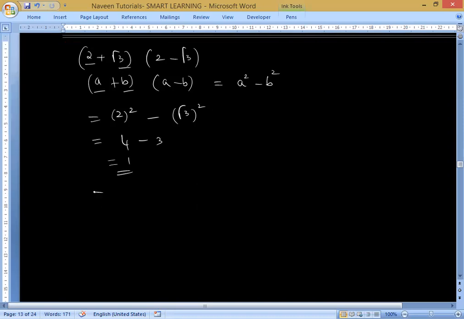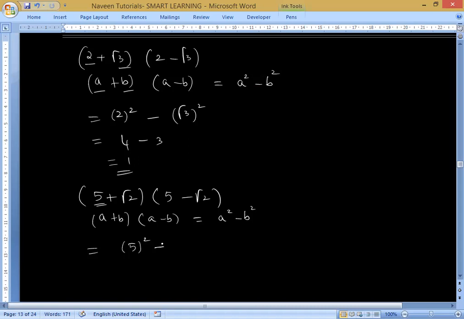Next question, (5 plus root 2) into (5 minus root 2). Again, this is in the form of (a plus b) into (a minus b), so I can write this as a square minus b square.